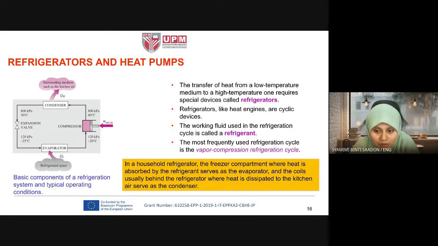The most frequently used refrigeration cycle is the vapor compression refrigeration cycle. That is one type of refrigeration cycle: vapor compression.